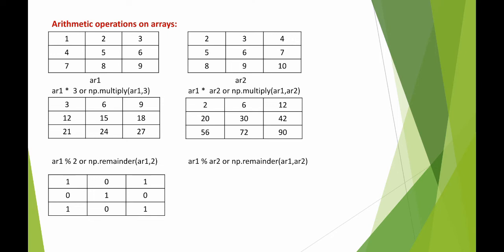See, the first element for ar1 is 1, so 1 has to be modulus by 2, so the output of that will be 2. Then 2 has to be modulus by 3, then the output produced will be 2 modulus 3, that means 3 we will get remainder as 2.